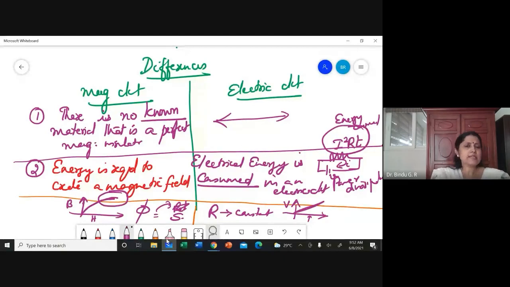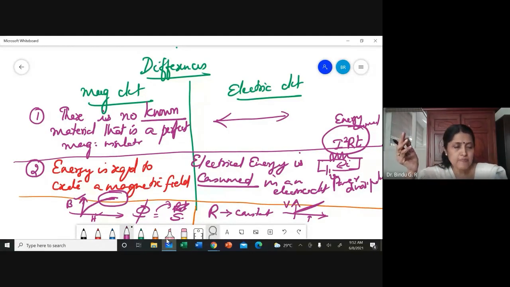Reluctance of a magnetic circuit is not constant because flux varies and flux density also, because even in the same material, depending on the value of B and H, flux may vary. We'll come to that later on. Okay, and I think you will be studying in detail about saturation, etc.